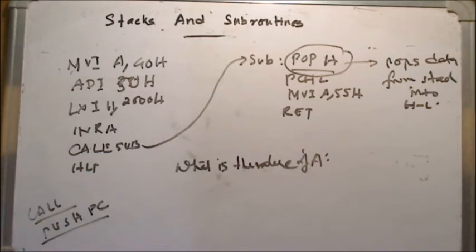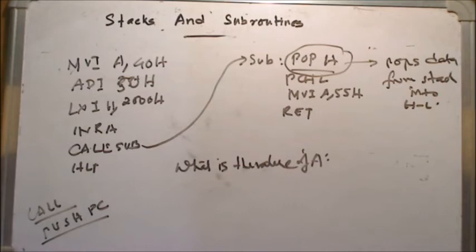So the return address is now in the HL pair, popped from the stack. Now you write PCHL. Okay, what does PCHL mean?